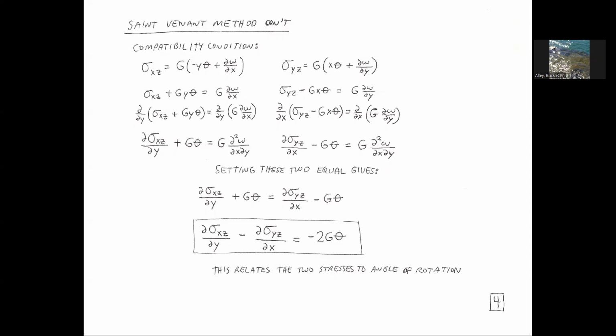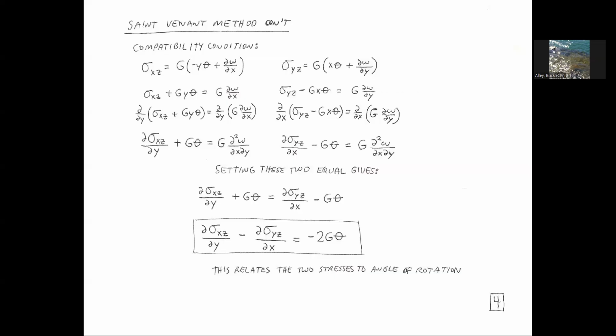So I'm going to put d/dy for that parentheses, and then partial y passes through the shear modulus, and I get a second derivative of w, once with x, once with y. And then on the sigma yz equation, I'll take a partial x on both sides. Well, now I've got the same thing in both equations. Second derivative of the warping, once with x and once with y.